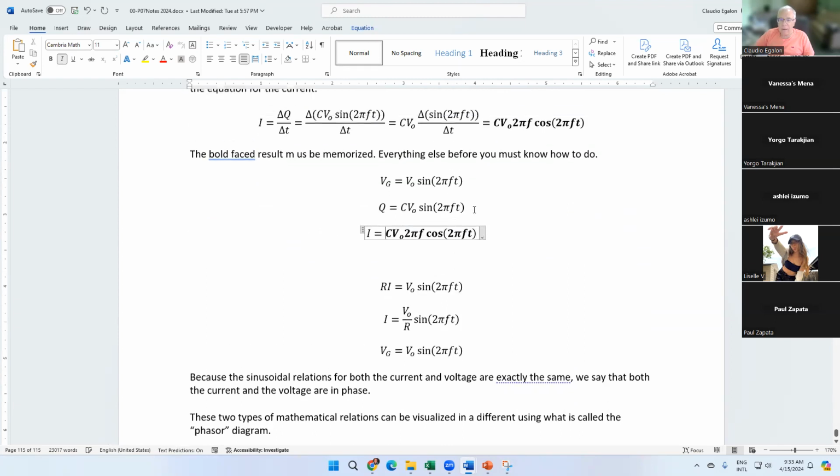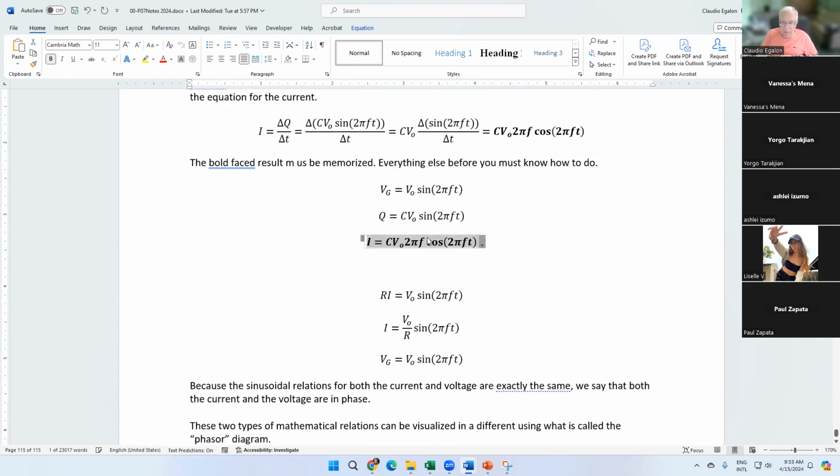Okay, so here we go. Let me take out the bold face now. And by the way, this expression here can be written down in terms of a sine as well. Let's continue here.